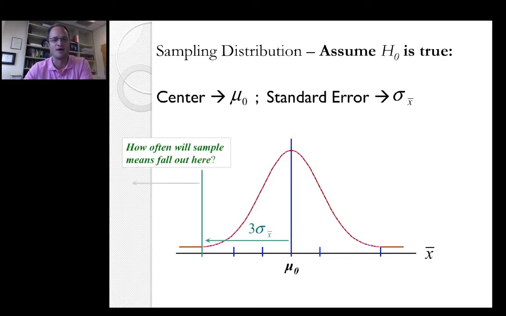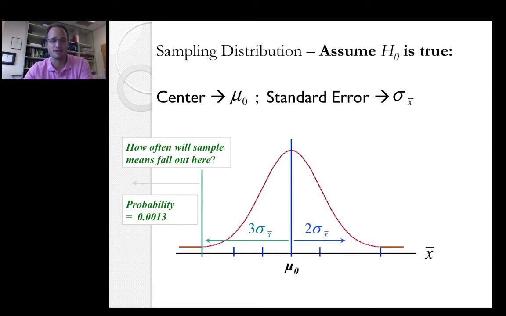Here's the question: how often will sample means fall out here? You can see that this is 3 standard errors below the mean. Well, by the empirical rule, we know that this should be about 0, and if you go to the z table, you can get a more precise 0.0013. So about 0, but it becomes positive in that third decimal place. So very seldom, but it's possible.